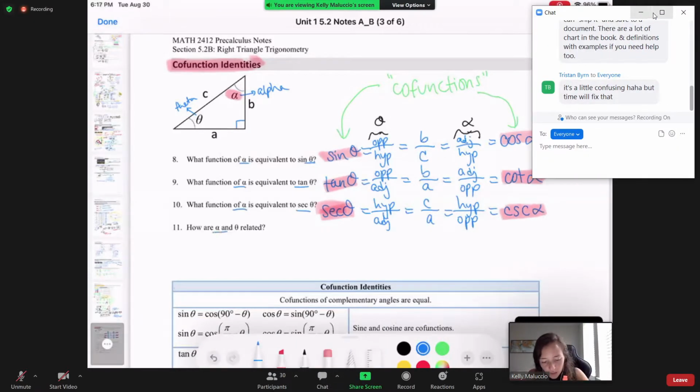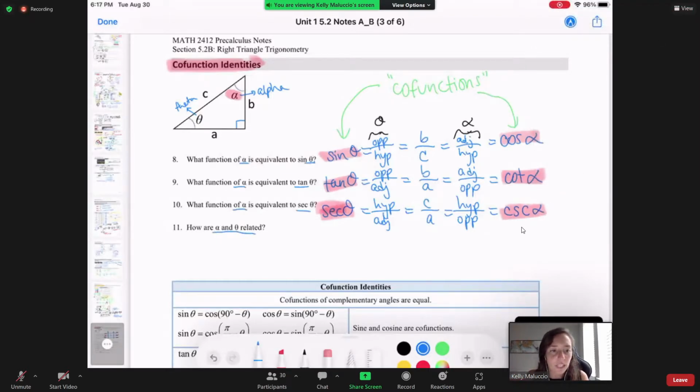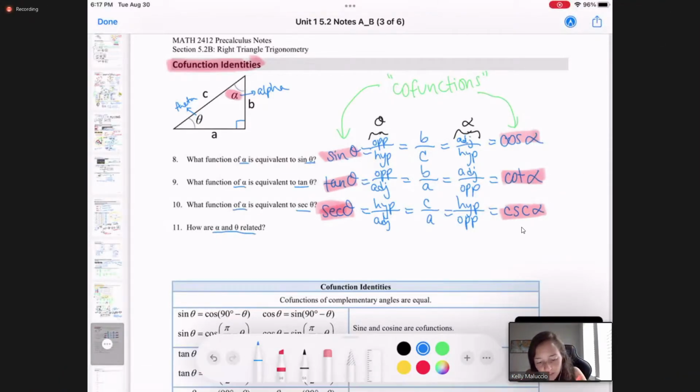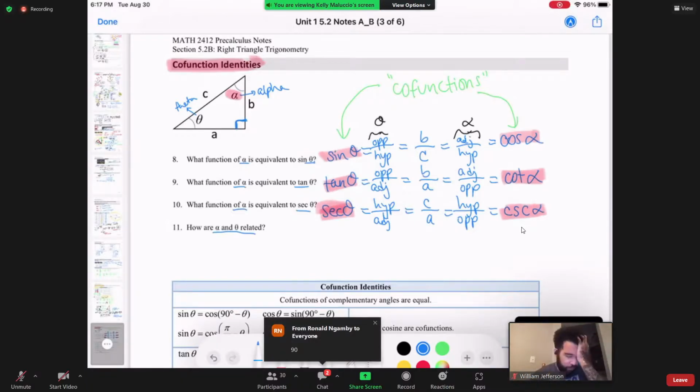Now this last question, how are alpha and theta related? Well, this is a 90-degree angle looking at our triangle, and we know that in a triangle, all the angles add up to 180. So alpha plus theta must equal something. Do we know? Maybe I should have just said it. 90. Yeah, there you go. You got it. Thank you, Ronald, and David, good.